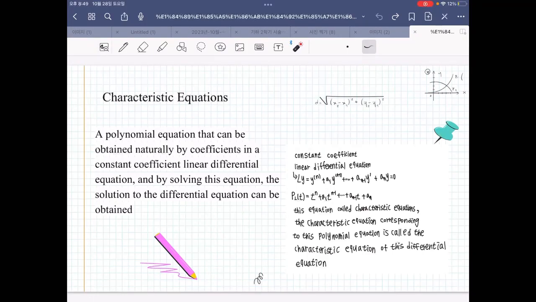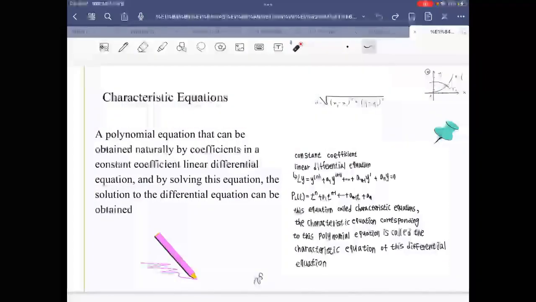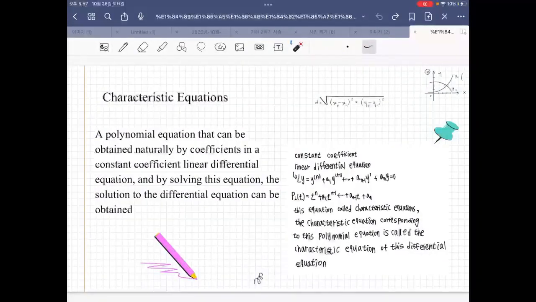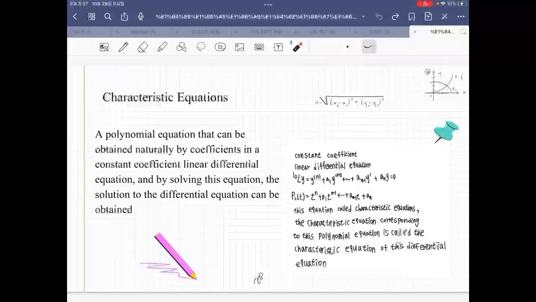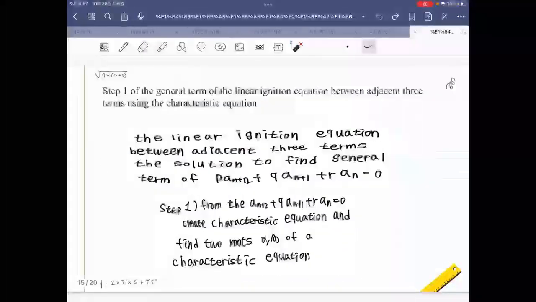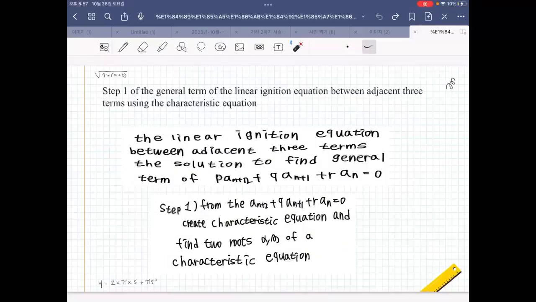And the equation which I write on this picture is the characteristic equation. Let's find the general term of the linear recurrence relation between adjacent three terms using the characteristic equation. Our purpose is to find the general term of this equation.